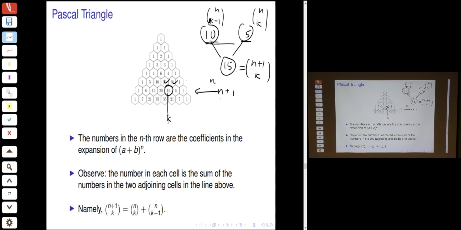Next time we'll give maybe 2 different proofs, and then we continue some counting.